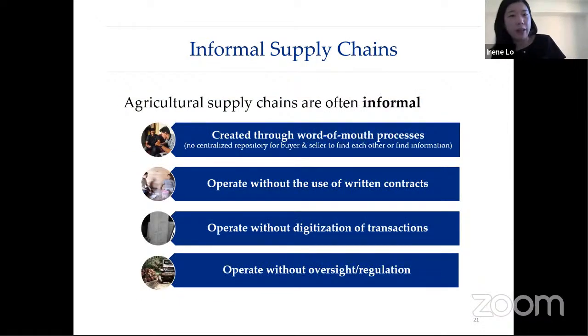One issue in agricultural supply chains is that they're often informal. They're created through word of mouth processes. They don't use written contracts or digitized contracts. And it's very hard to regulate or provide oversight on how these supply chains perform because there aren't digital records of all of these agreements.